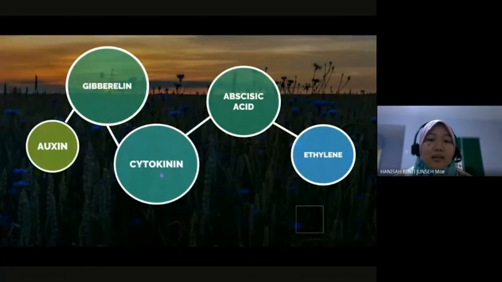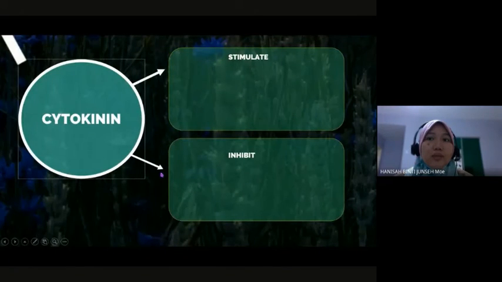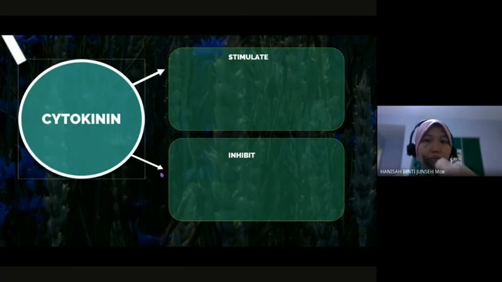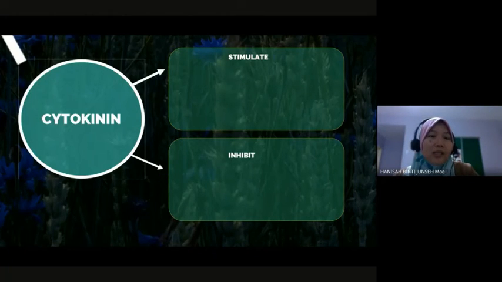Now look at the third one, cytokinin. This is the last hormone that helps to promote growth. Okay, cytokinin. Before we look at the functions of this hormone, cytokinin is similar to cytokinesis, a term that can be found in cell division.